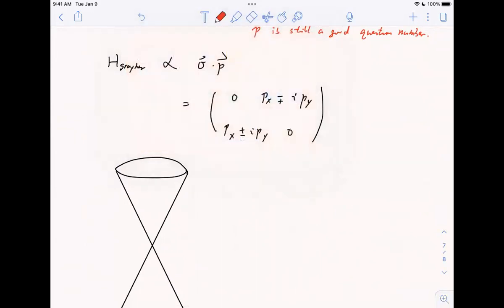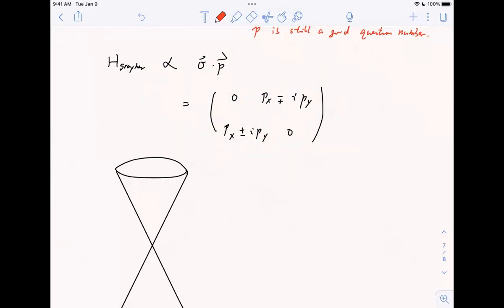So your spin is still in the x direction. If you travel in the x direction, then you're dealing with sigma x. Previously it was sigma cross p. If you travel in the p direction, you're dealing with sigma y. They're perpendicular. But now, if you travel along p, you're dealing with sigma x along the p direction.